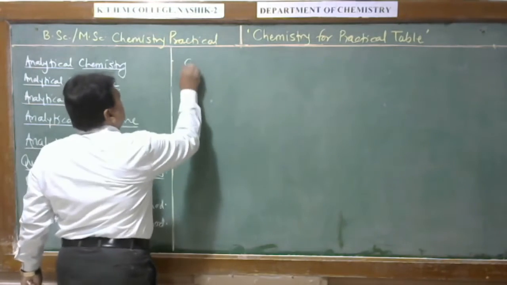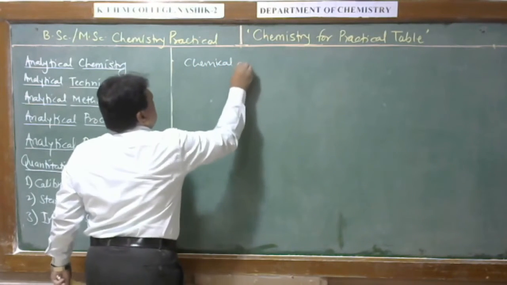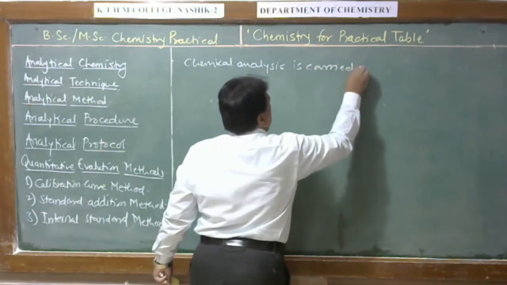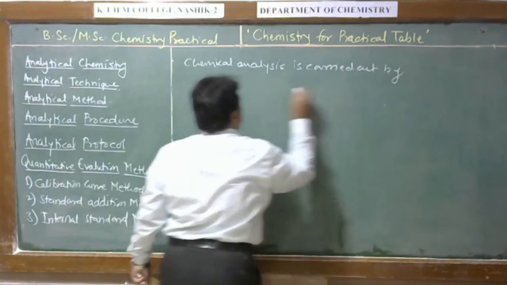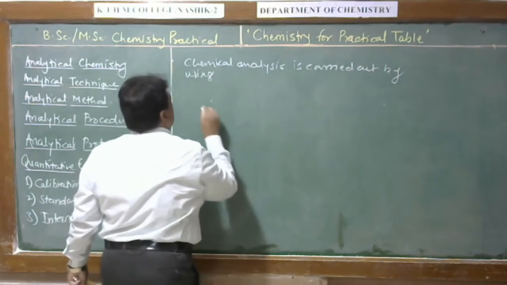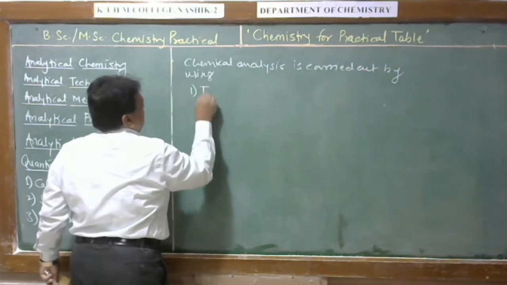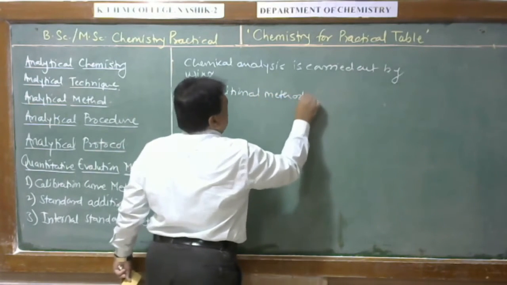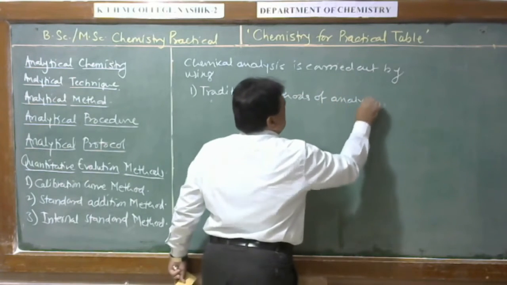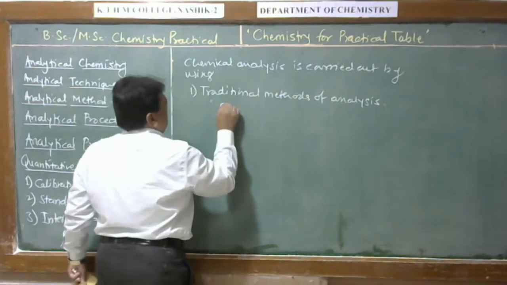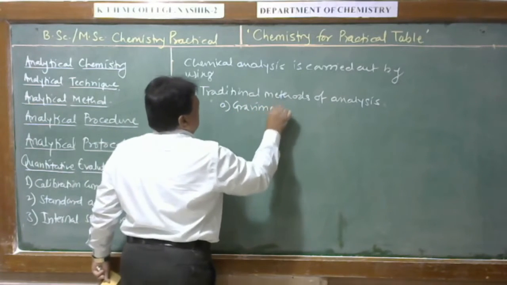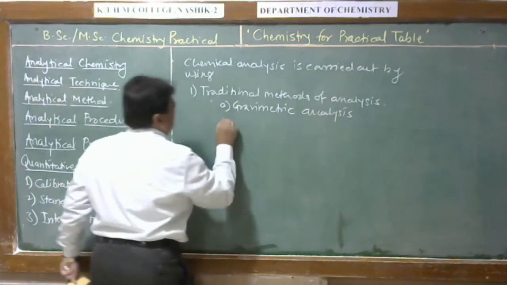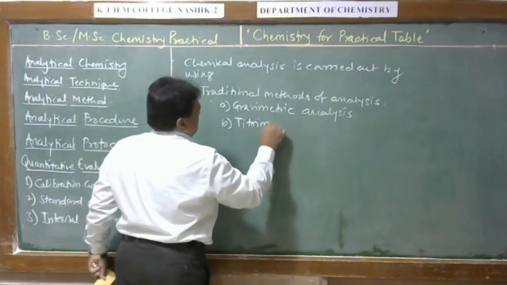Traditionally, the chemical analysis is carried out by using traditional methods of analysis, such as gravimetric analysis, and second one is titrimetric analysis.